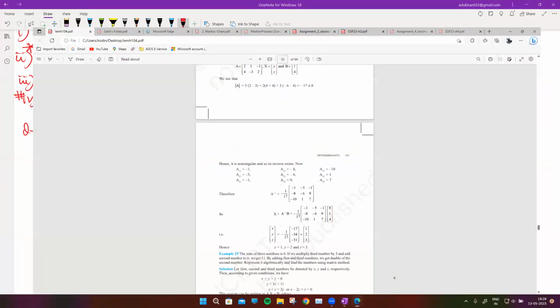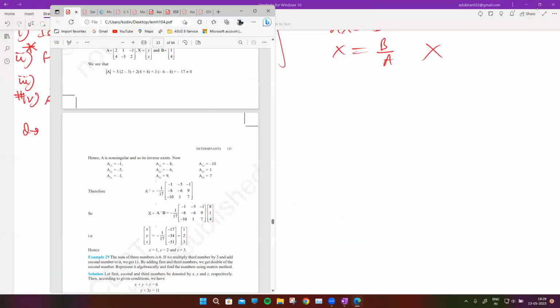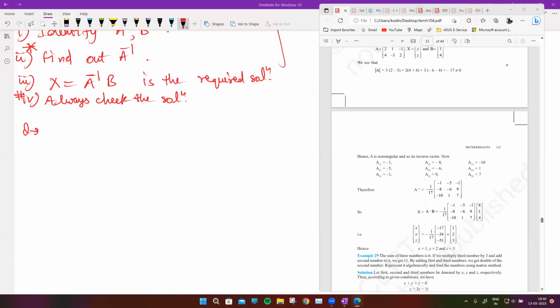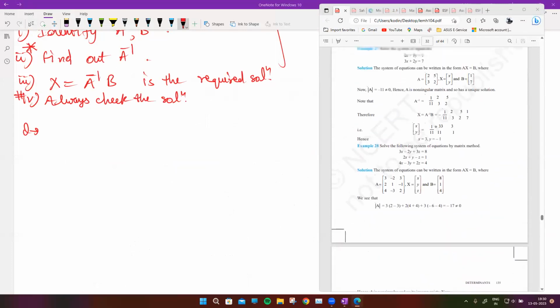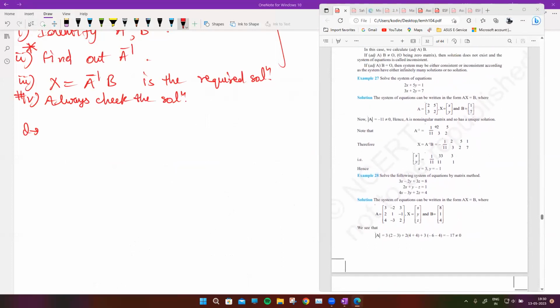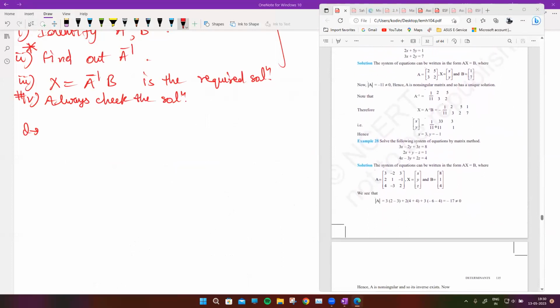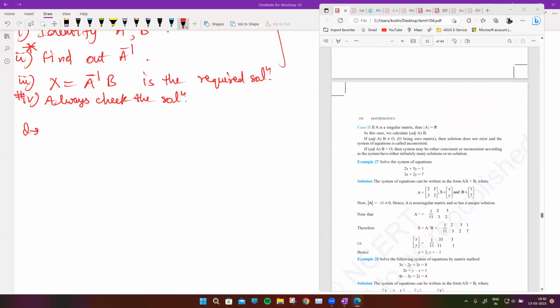So a question might be, let's solve this system of linear equation, example 28. Okay, so this is given. Solve the following system of linear equations by matrix method. Okay?